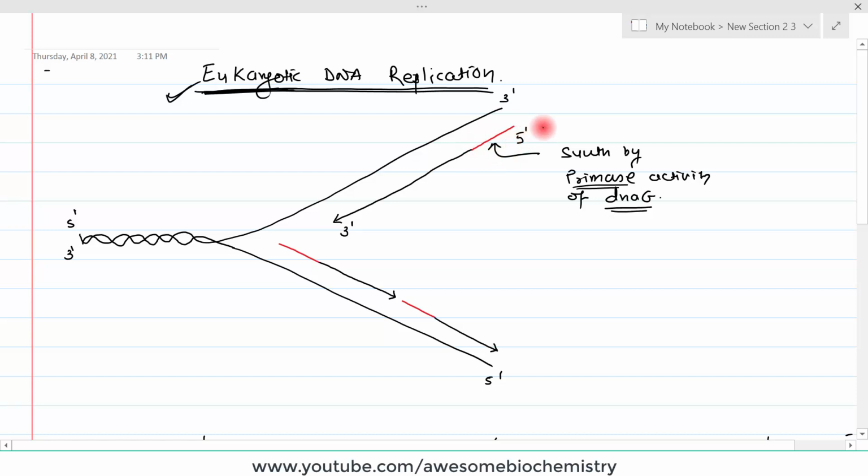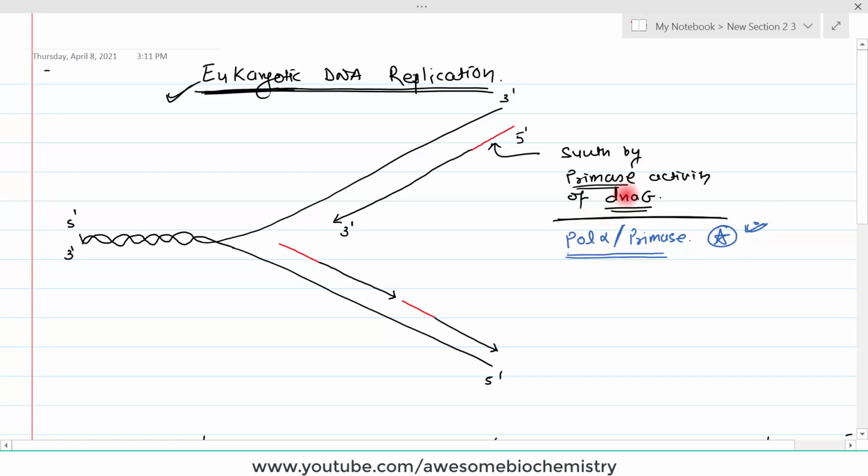by the red color. This is the story of prokaryotes, but in case of eukaryotes, the same RNA primer is synthesized by the polymerase alpha enzyme, DNA polymerase alpha enzyme. This polymerase alpha has multiple subunits, and one of its subunits has a primase activity. So generally we write this enzyme as pol alpha oblique primase G. This is a very interesting enzyme that we will discuss in a very short time.